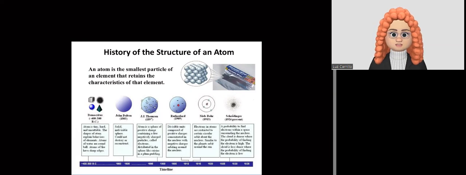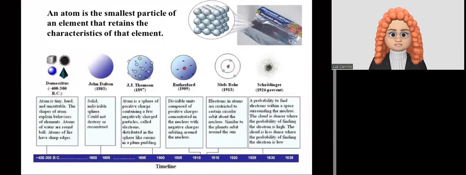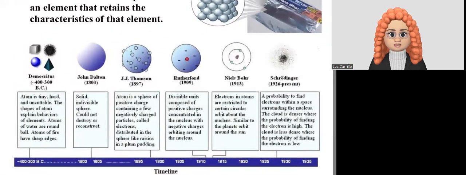When it comes to how we came about knowing the structure of an atom, we should talk about important experiments that gave us insight into the structure of an atom. Everything starts around 400 to 300 BC with the Greek philosopher Democritus.